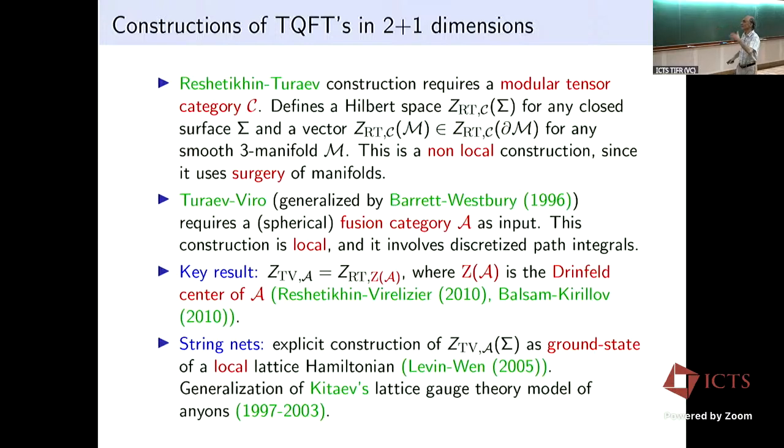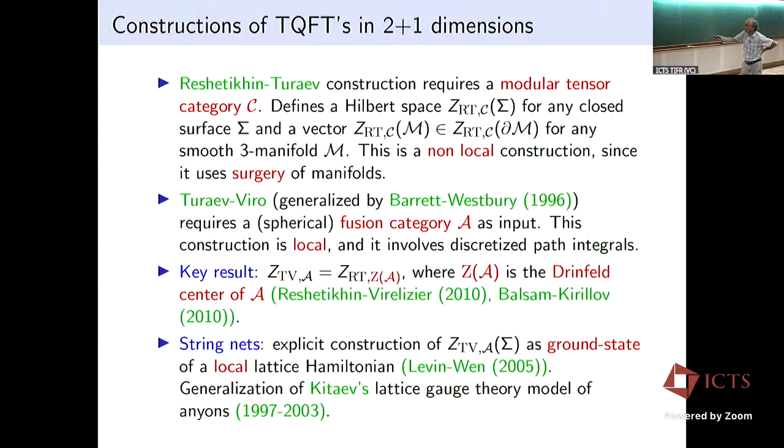And this is definitely a non-local construction. It uses a surgery of manifolds. Later on, there was a more local construction, the so-called Turaev-Viro construction, which started with a fusion category. So now you know what it is thanks to Julien. And the construction was local. It involved a discretized path integral.